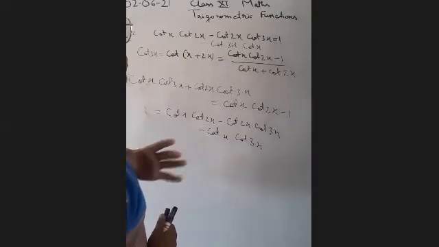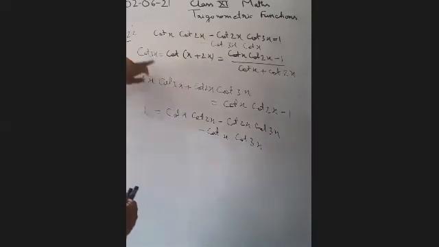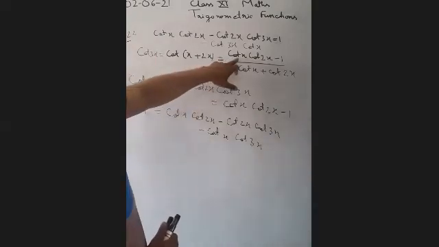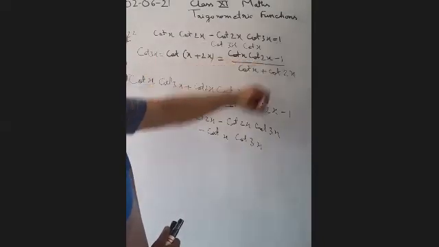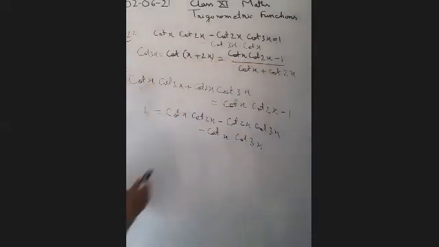We converted cot 3x into cot x plus 2x using the formula of cot x plus y, cot x cot y minus 1 upon cot x plus cot y. After cross multiplication we get the result we wanted to prove.